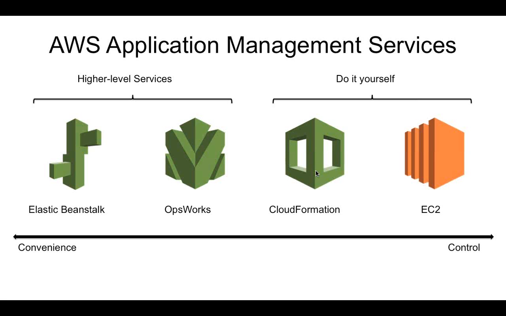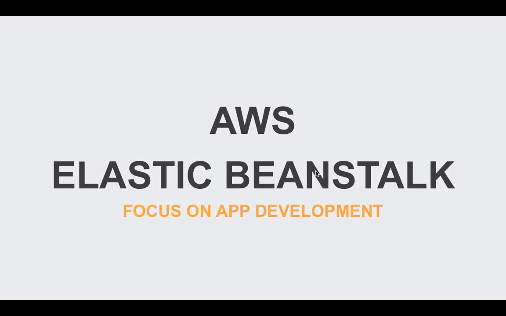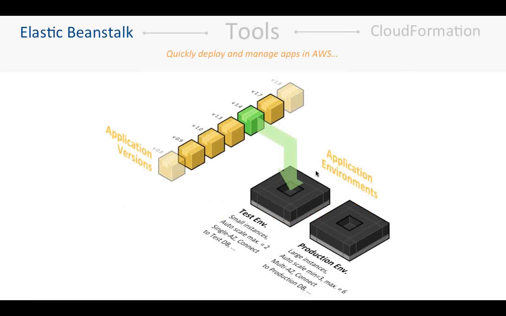So in this webinar, I'm going to be recommending two options that I think are relevant. The first one is AWS Elastic Beanstalk. This is a management solution that really lets you focus on just your core business, which is your application development. Here, basically the idea is that you make application versions in your development and testing.